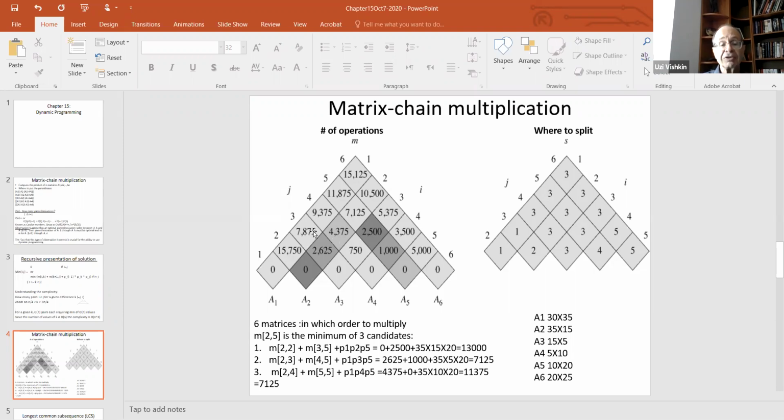Okay, so let's see what's going on in this location. Here we are going to account for the best way to multiply A1 times A2 times A3. So what are really our options? Our options are to multiply first A1 times A2 and then A3.